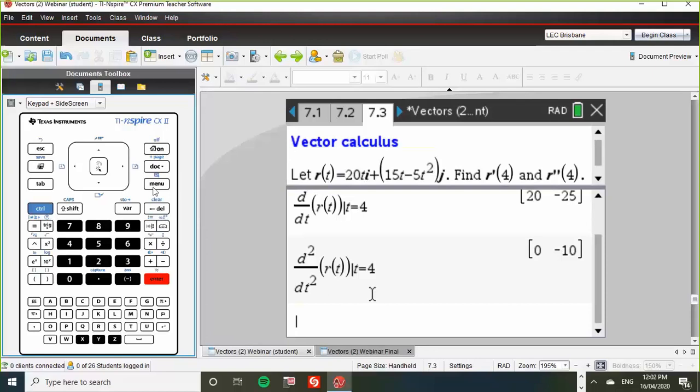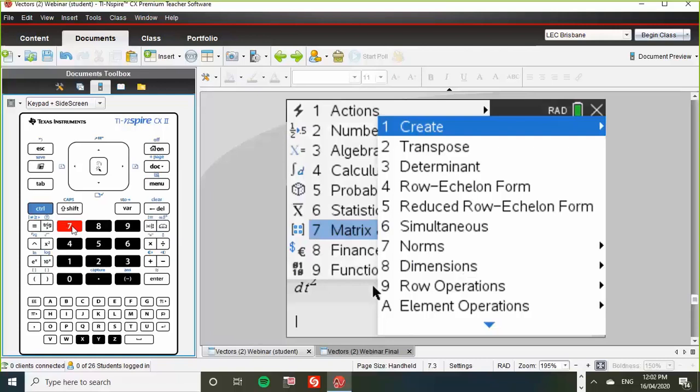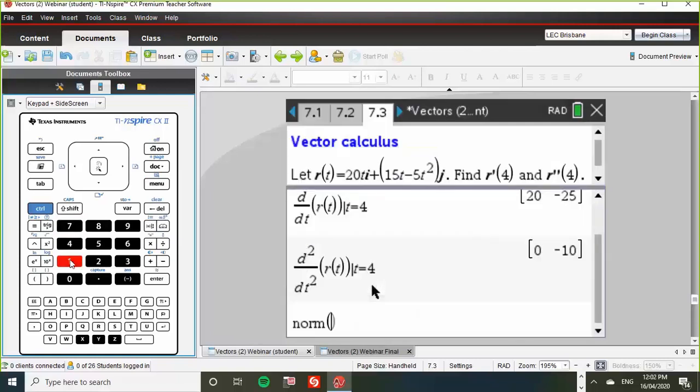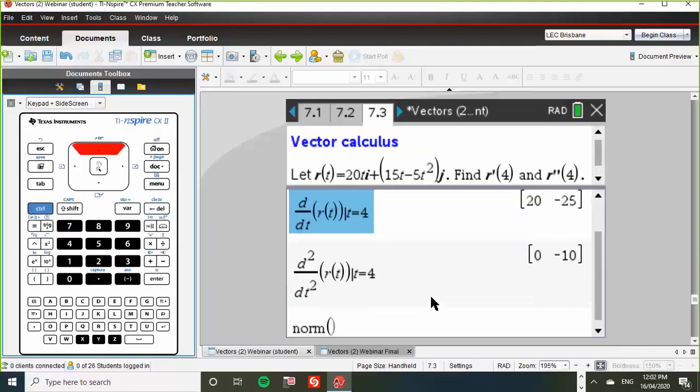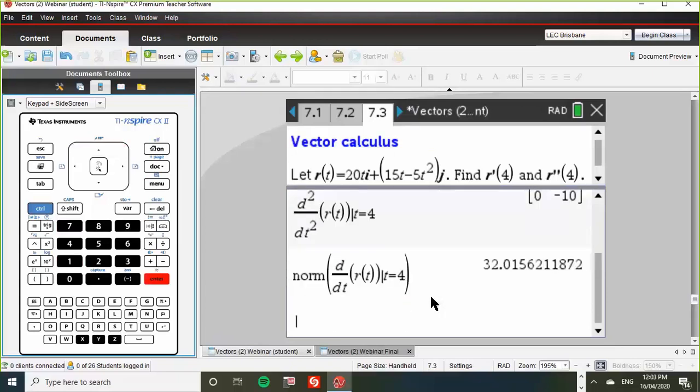So if we press menu, 7 for matrix and vector, and then 7 for norms, and 1 for norm, we can go up and grab either the input or the output, press enter, and enter again, and that's telling us that at t equals 4, the particle is travelling at a speed of 32.0 units per second. It could be meters per second, for example.